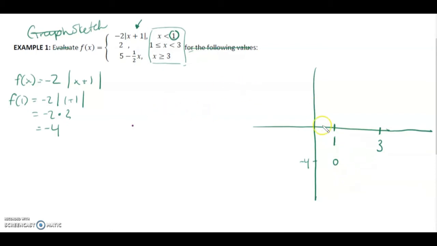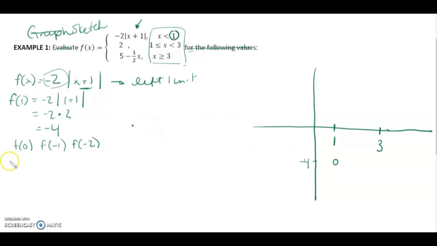Now, it's your choice. You could plug in f of 0, f of -1, and f of -2, if that makes you comfortable. This is the graph of the absolute value function with a transformation left 1 unit, but there's also a reflection and a stretch.